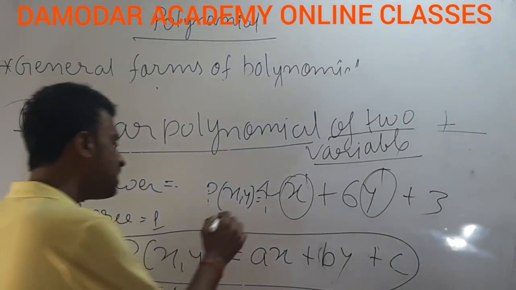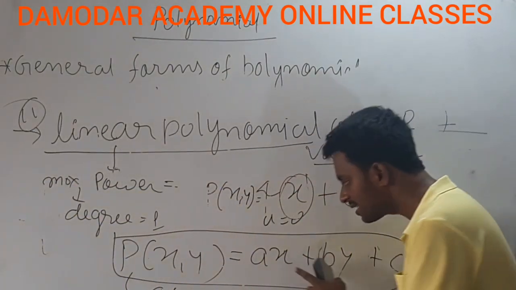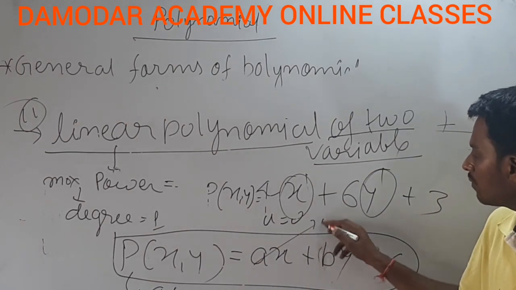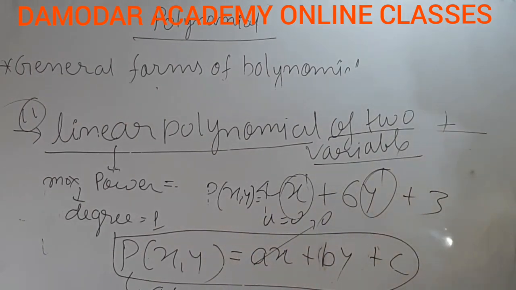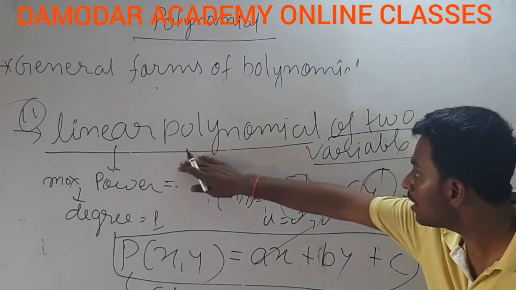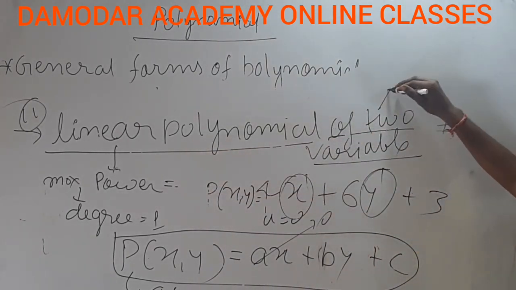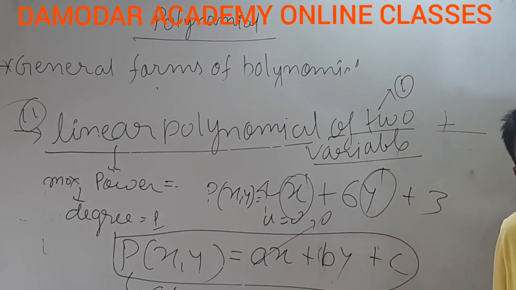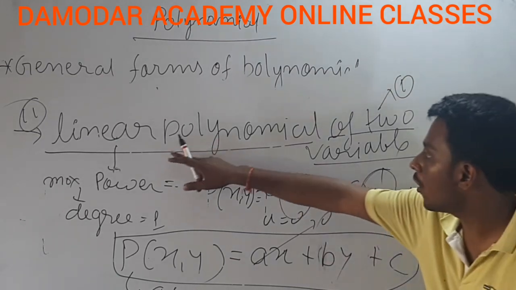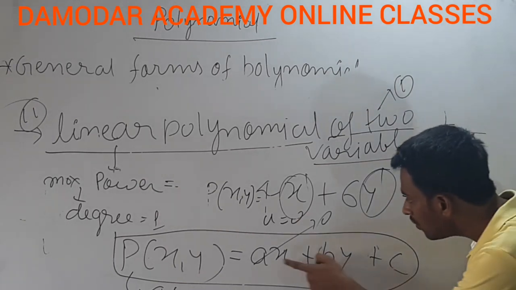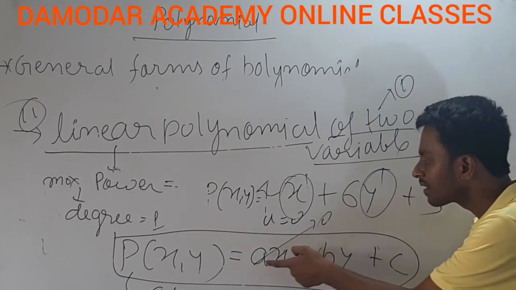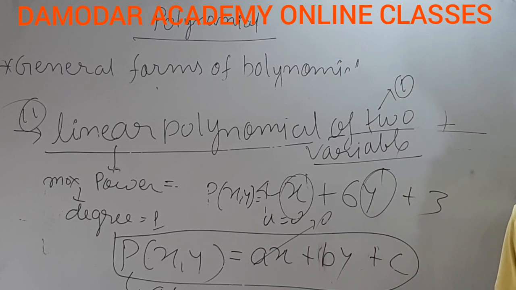Suppose that a is equal to 0 for this case, then what? This term will be 0. Then this expression will get converted into a linear polynomial of one variable. It will not remain the case of a linear polynomial of two variables, because when a is equal to 0, this term will be equal to 0.